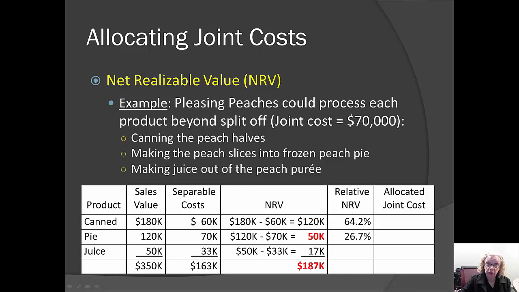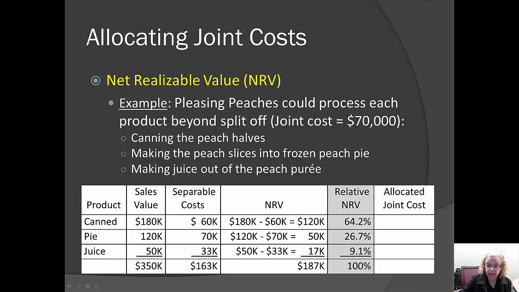Similarly, the peach pies represent $50,000 of net realizable value out of the total of $187,000, or 26.7%. Finally, the peach juice represents $17,000 of net realizable value out of the total of $187,000 of net realizable value, or just over 9%.